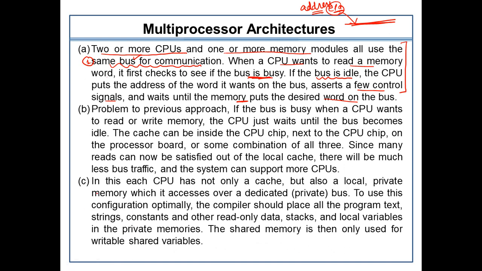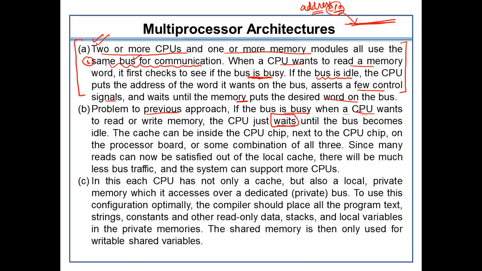The problem was definitely associated with the first approach. When the bus is busy and the CPU wants to perform some read or write operation, it has to wait, so the waiting period can be long. This architecture was very slow.